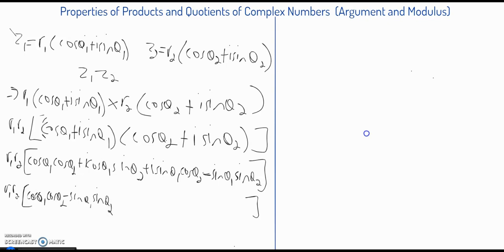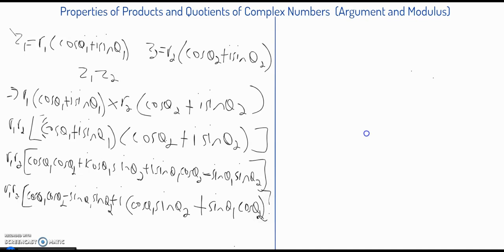Now, my imaginary part has the I. We know we have to factor out the I, so I'm going to put plus I, open my bracket here, and inside of this bracket, we're going to put the imaginary part. So this is going to become cos theta 1 sine theta 2 plus sine theta 1 cos theta 2. Good. We close the bracket there.